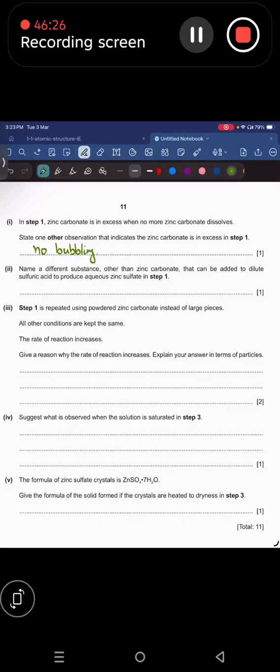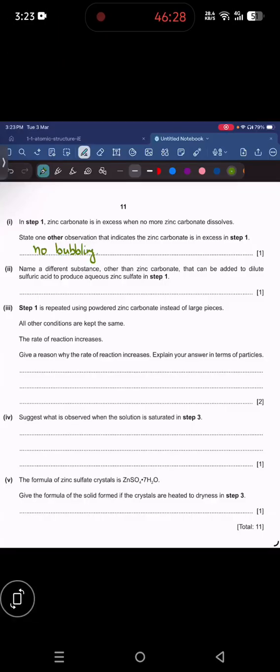Name a different substance other than zinc carbonate that can be added to the dilute sulfuric acid to produce aqueous zinc sulfate. So we can use zinc metal here, zinc oxide here, or zinc hydroxide. All are solid. So I'm going to write zinc oxide.